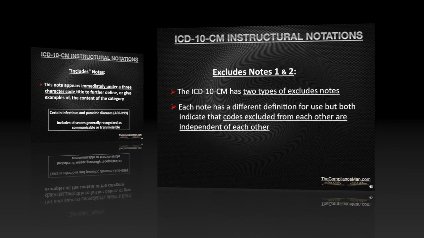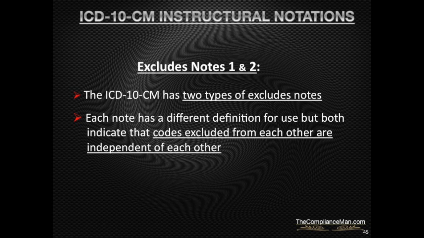More important to us would be the excludes notes 1 and 2. So there's two types of excludes note, and each one has a different definition for use, but both indicate that the codes are excluded from each other and are independent of each other.